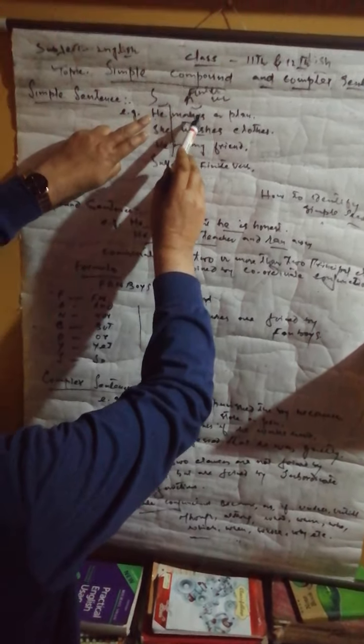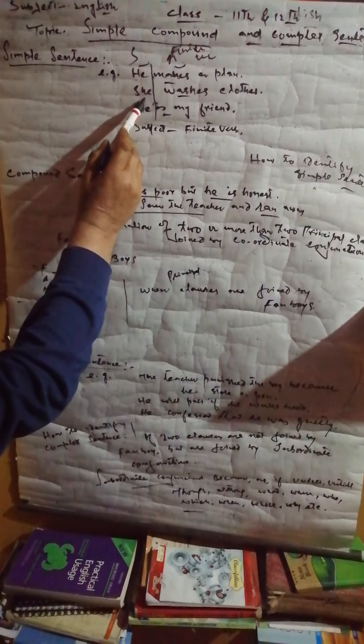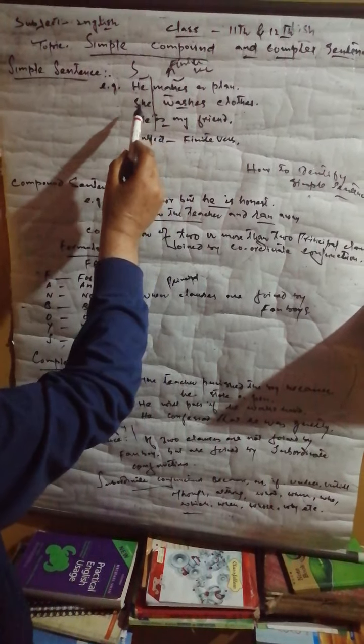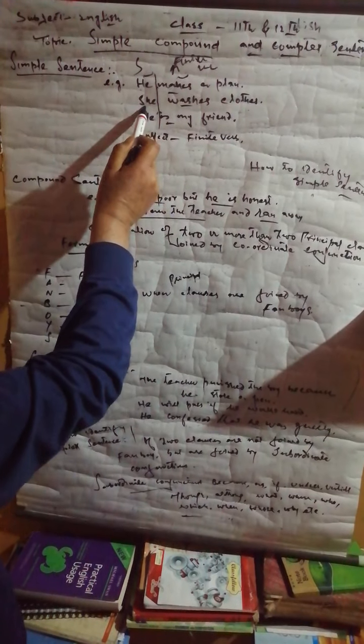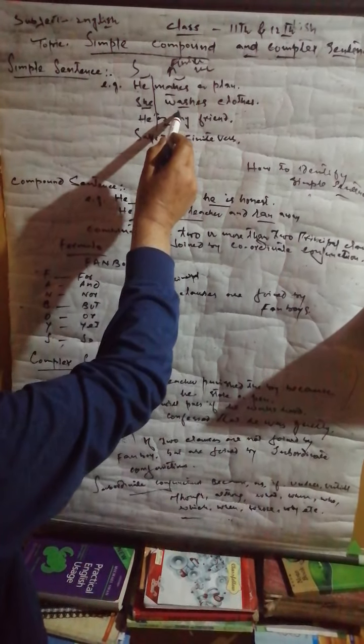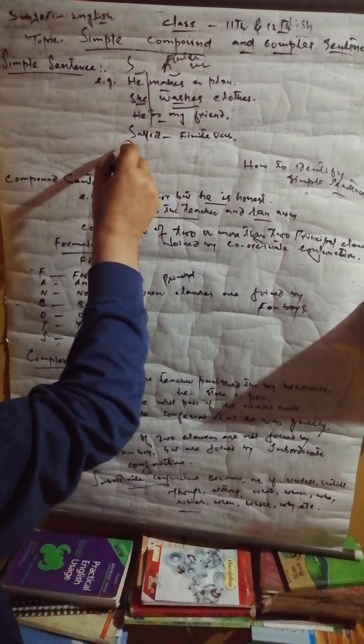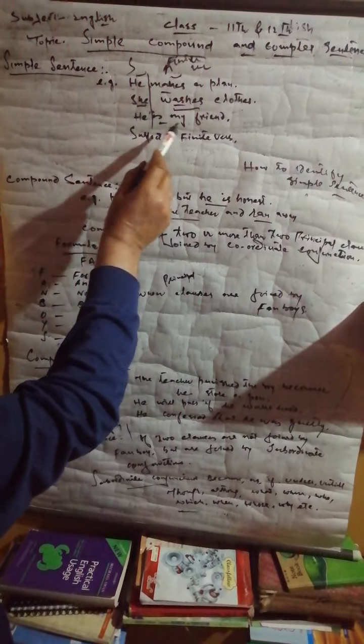The same is the case with the next example: she washes clothes. Here again, she is the subject and washes is the finite verb. The third example is he is my friend. Here again he is the subject, and is acts as the main verb, and this is also a finite verb.